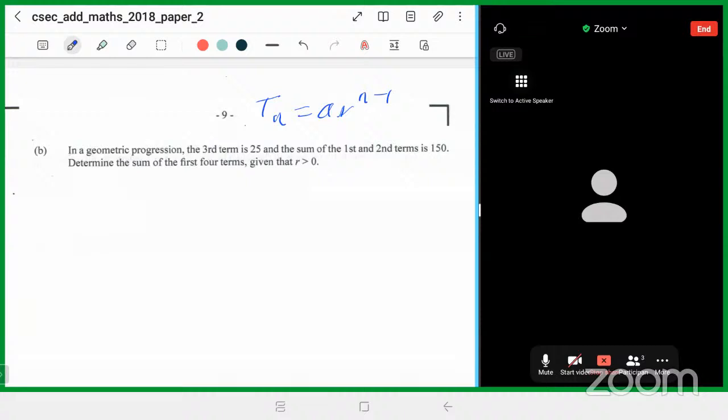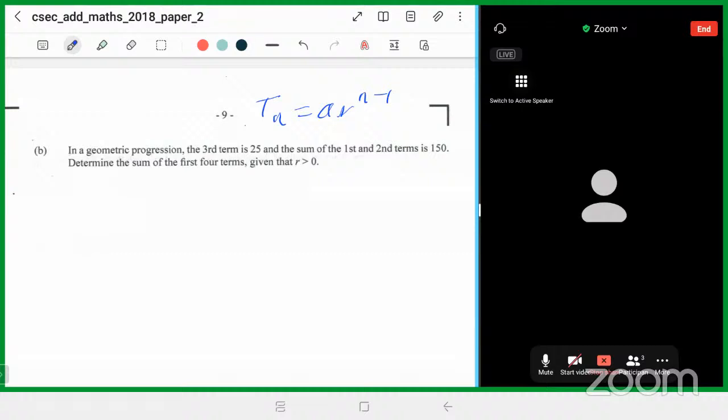So when you get two simultaneous equations in a GP and divide them, you cancel the A and get an equation from which you can find R. Then after you find R, you substitute back to get the A. So it's a quick way, a lot of the time, to solve simultaneous equations derived from a GP.